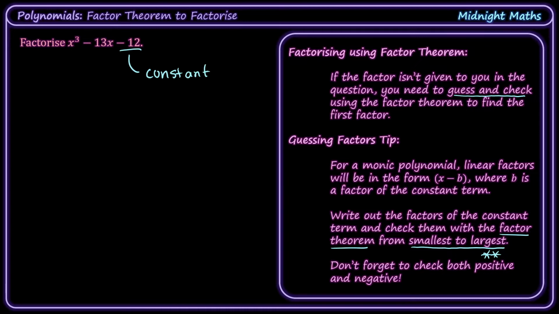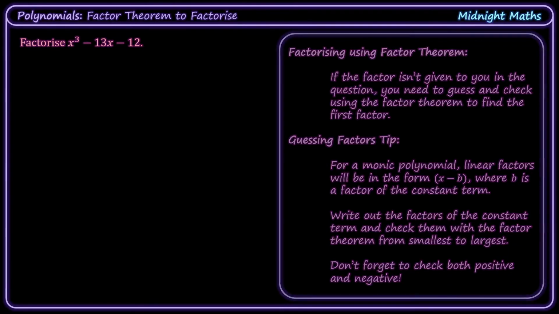If you're going to be doing lots of guessing and checking, you should start from the smallest because they'll be the quickest to do, so you'll be minimizing the time it takes you to find your first factor. Once you've found the first factor, you can continue from there with your long division and you're doing good. Also, don't forget to check both positive and negative, because no matter what the sign is of this one, you will have positive and negative possibilities for the factors of this constant.